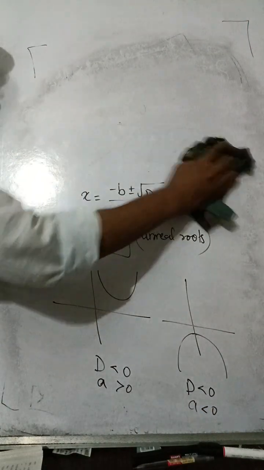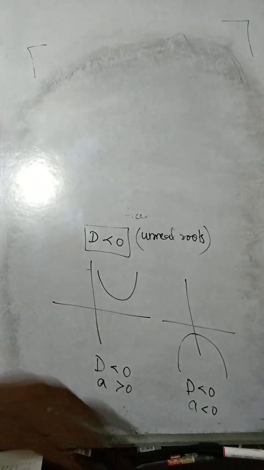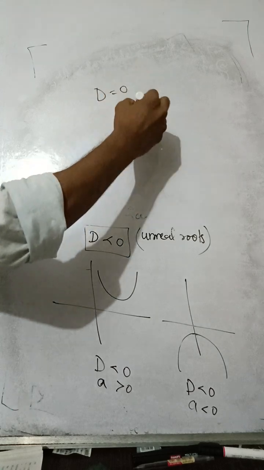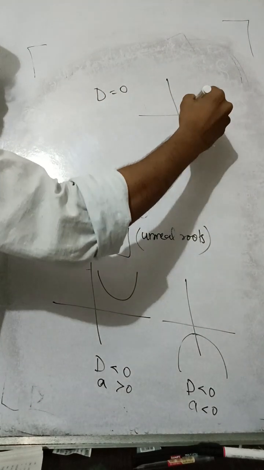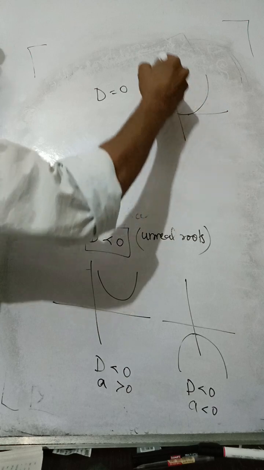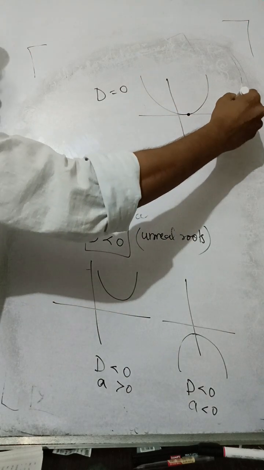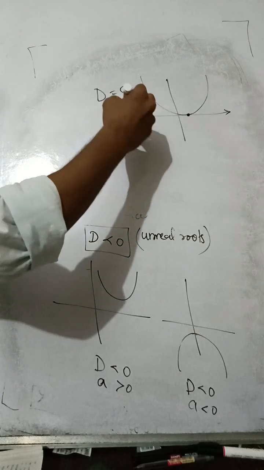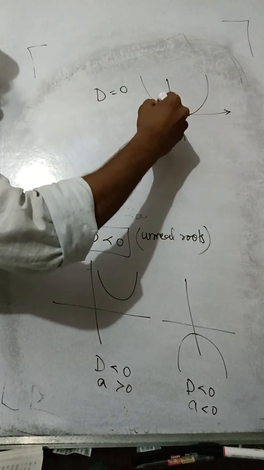Look, what I mean is, if D is equal to 0, then our curve goes passing through exactly one point on the x-axis. If D is 0, it can also go through like this.